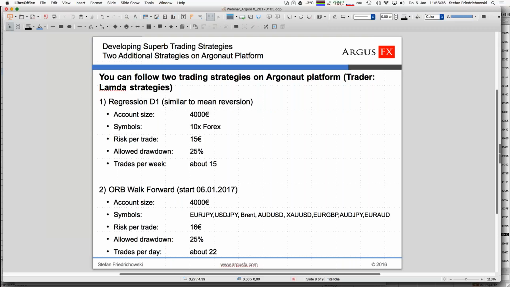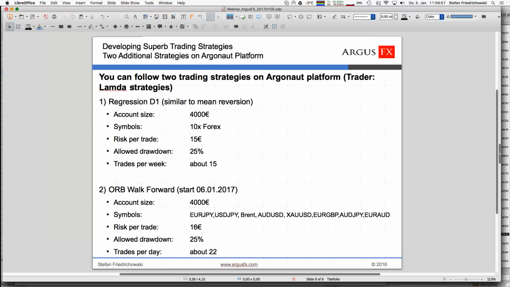You can follow those strategies and set your own risk settings via multipliers or equity multipliers between those accounts and your own accounts.